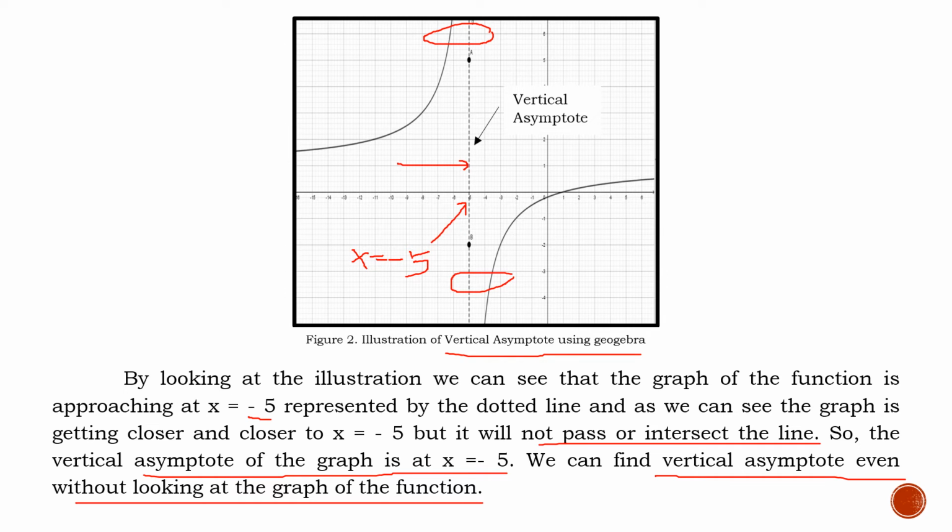Even as your curve gets closer and closer to negative 5, it will never have a point of intersection with your vertical asymptote. That's why we can conclude that x is equal to negative 5 will be the equation that represents your vertical asymptote, by simply looking at the graph and without solving for it.